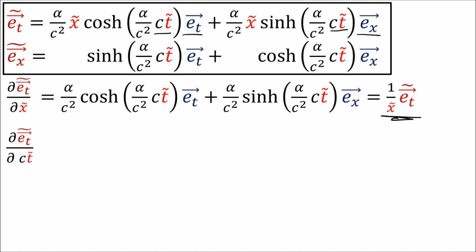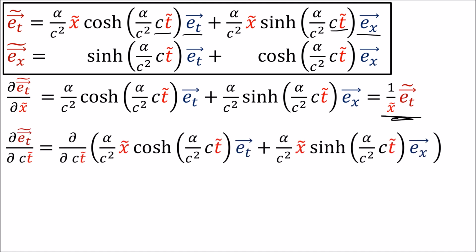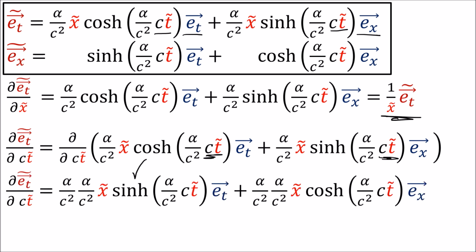As for the derivative of e t tilde in the ct tilde direction, we treat x tilde, e t, and e x as constant and differentiate with respect to ct tilde. So cosh becomes sinh becomes cosh, and we multiply by the inner constant by chain rule.